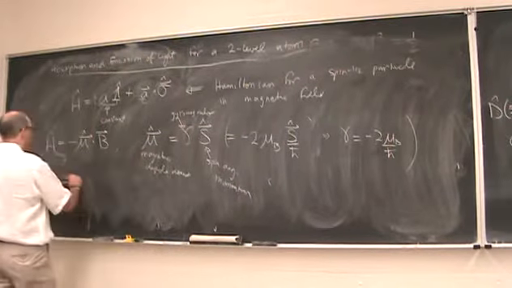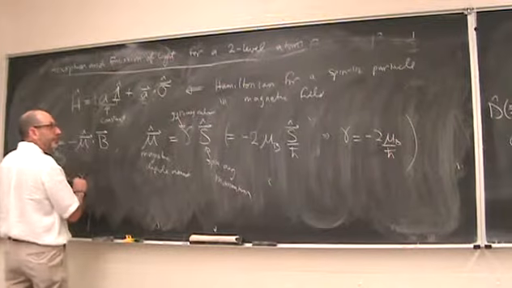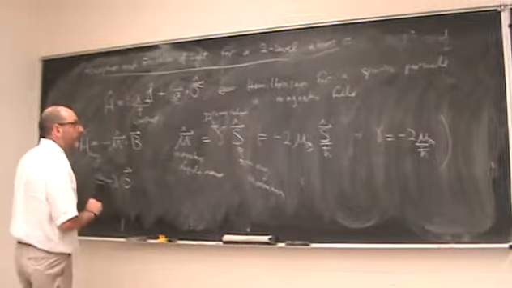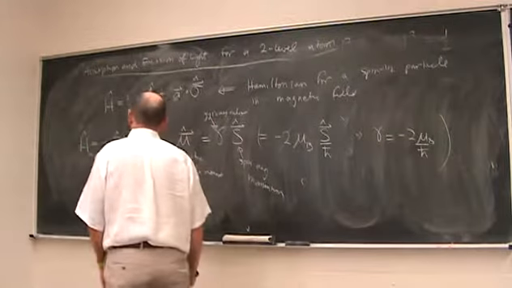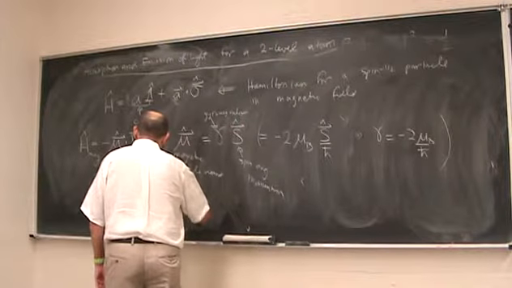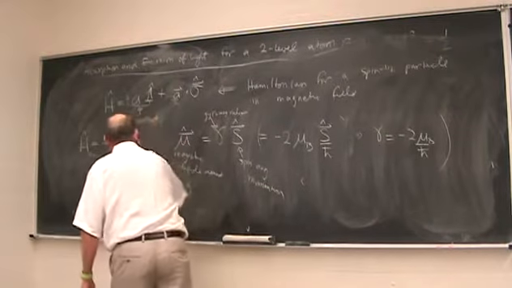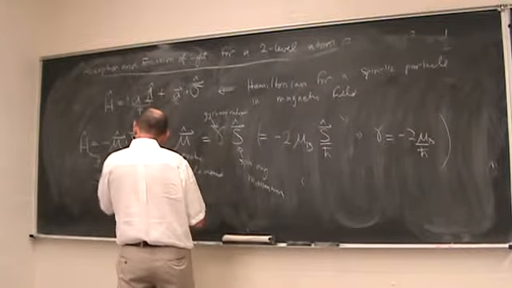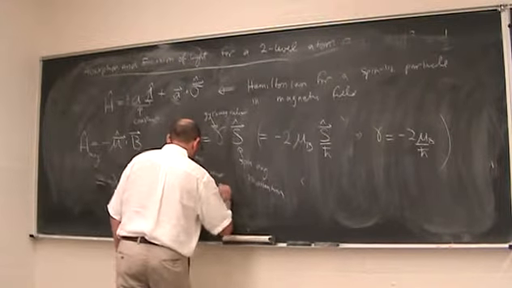So this is equal to minus gamma times S over h bar dotted into B, which is equal to minus gamma B dotted into sigma over 2.